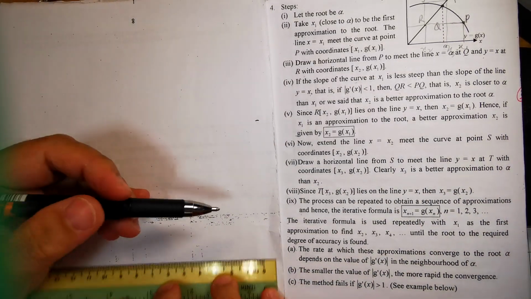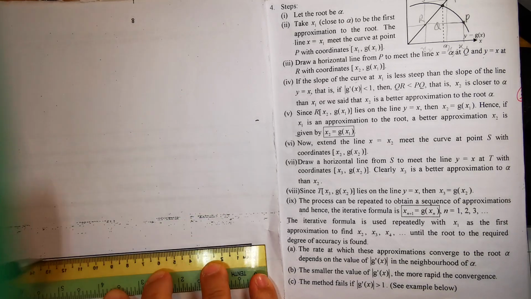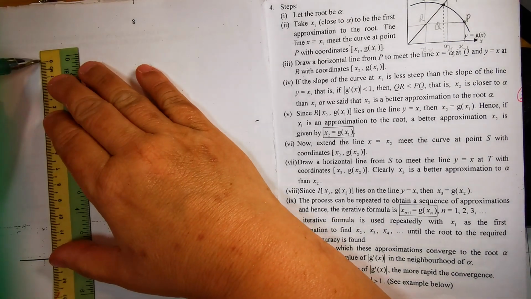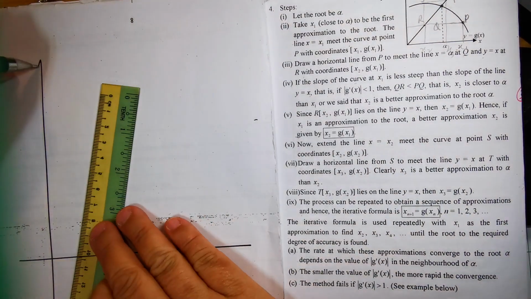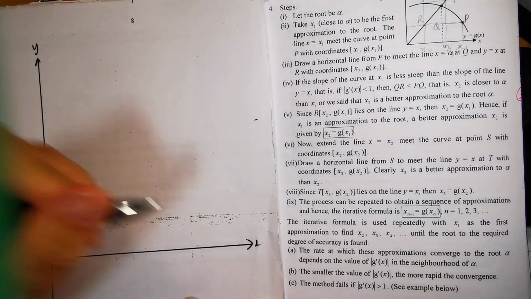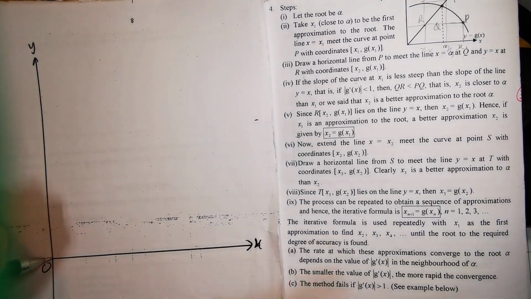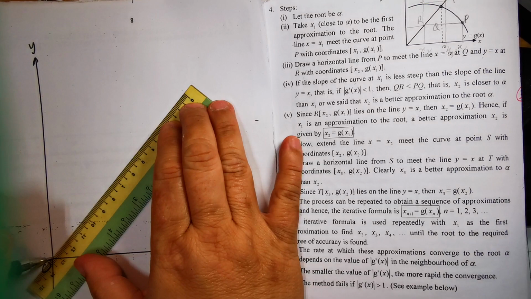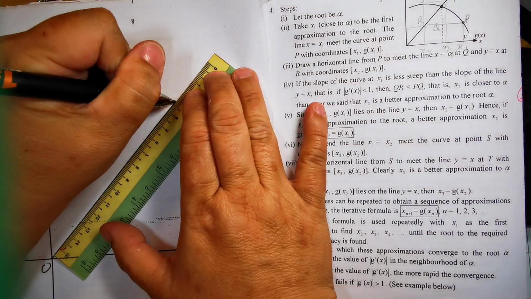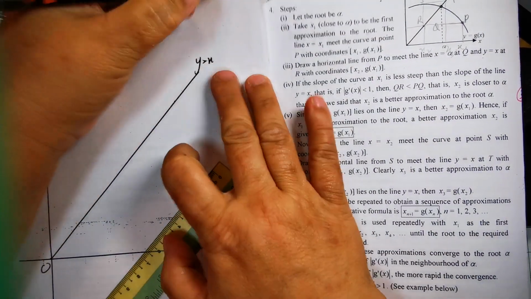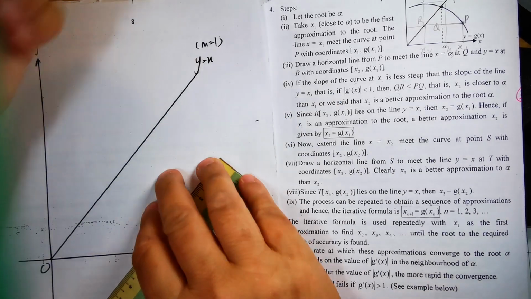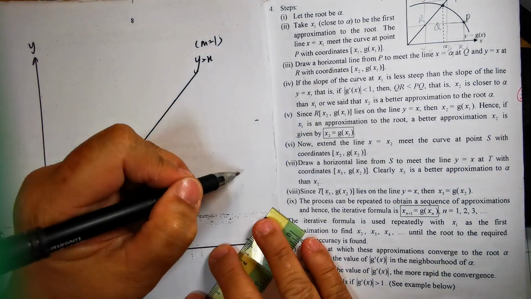Hold on, give me some time. Okay, axes: y, x, 0. This is the line y equals x. Remember, for y equals x, the gradient is 1. So the curve is like this.